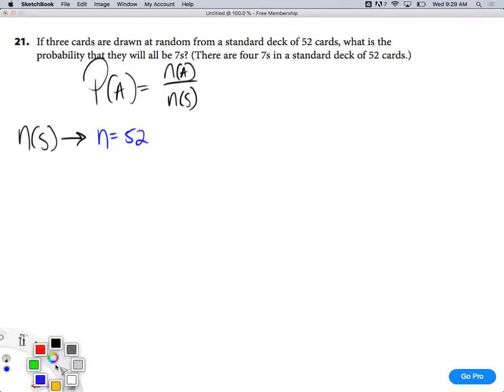And what's R? Good. 3 cards drawn at random, that's where my 3 comes from, and choosing from 52 cards, that's where my 52 comes from. So it's 52P3, which is 132,600. Let me just check that.